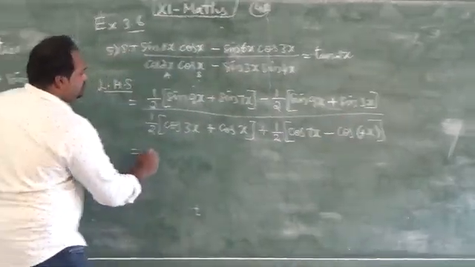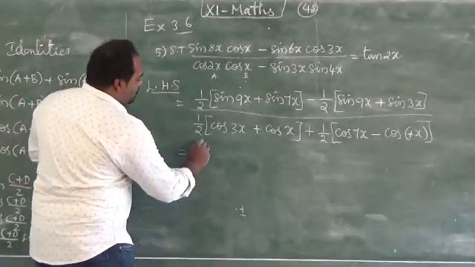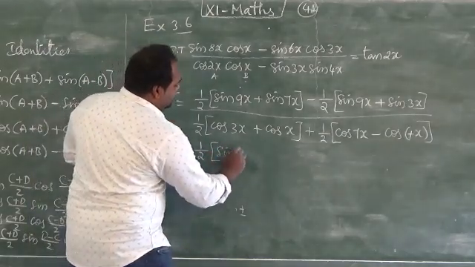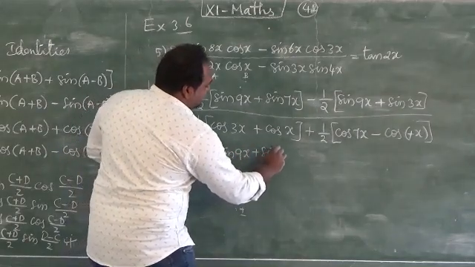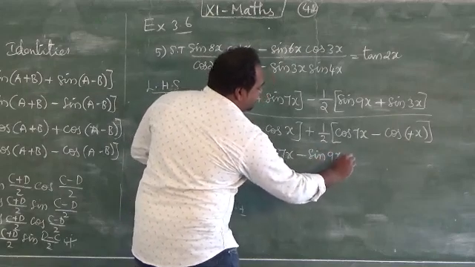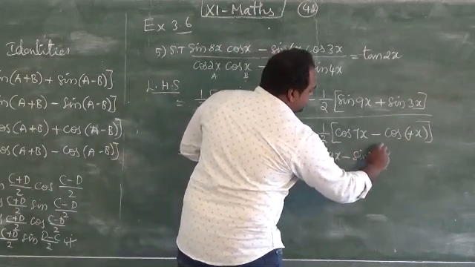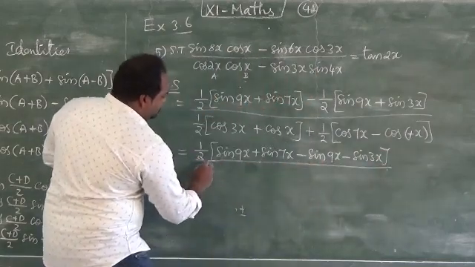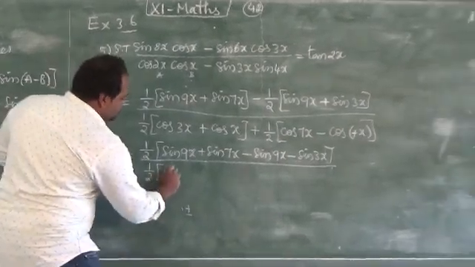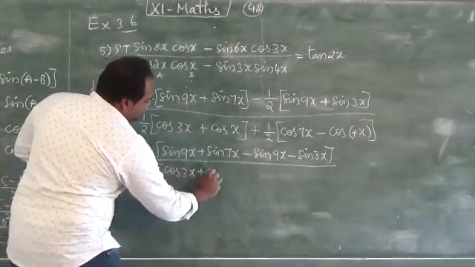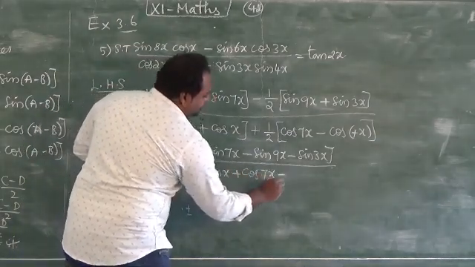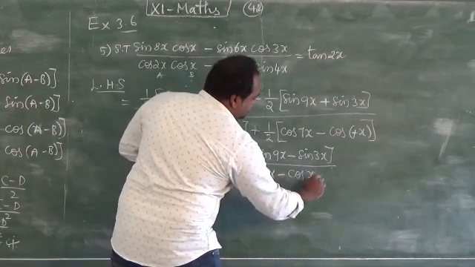Okay, now can we take 1 by 2 commonly outside in the numerator? If I take 1 by 2 commonly outside, it is sin 9x plus sin 7x minus sin 9x minus sin 3x, divided by, here also I am going to take 1 by 2 commonly outside, cos 3x plus cos x plus cos 7x minus cos x.